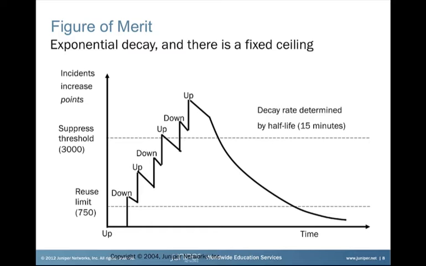As you can see, the route is flapping, and we hit above the suppress threshold. So now this route is going to be suppressed. These routes will show up as hidden routes in the routing table. And you notice that over time, we get down to the reuse limit, which is 750. We can now bring the route back into the routing table.